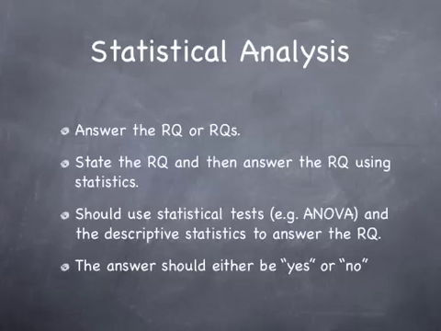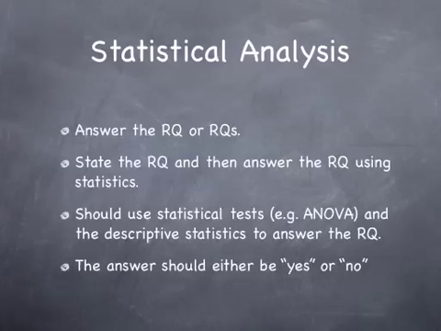I'm going to give you a couple examples here so you can see how this is done. Again, we should use our statistical test, for example, ANOVA, t-test, or whatever kind of statistical analysis we're going to use. That statistical test should be used, and then we should use the descriptive statistics to answer the research question.